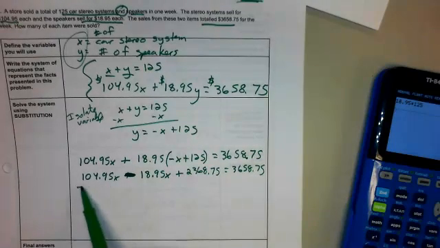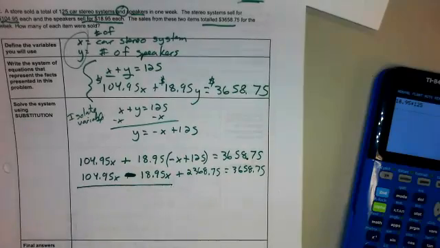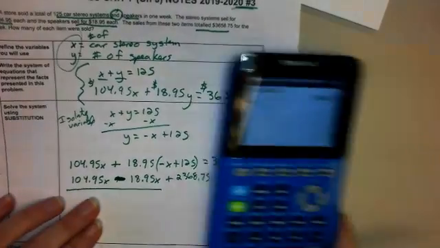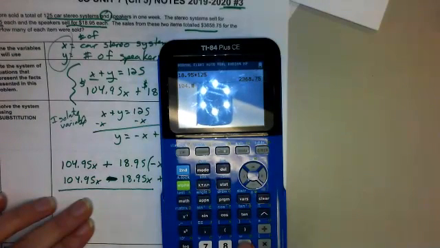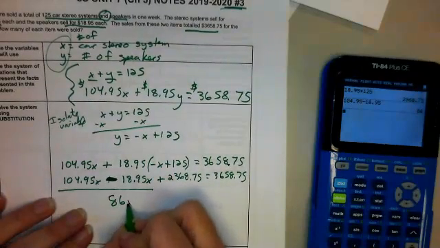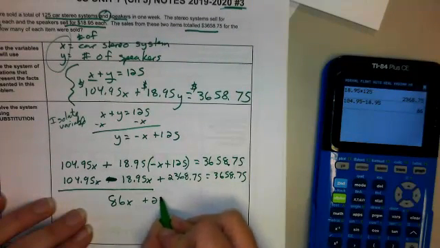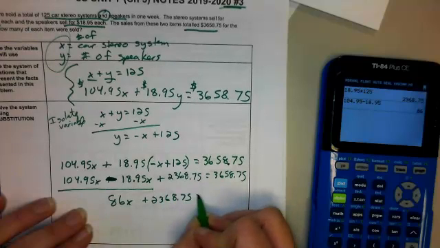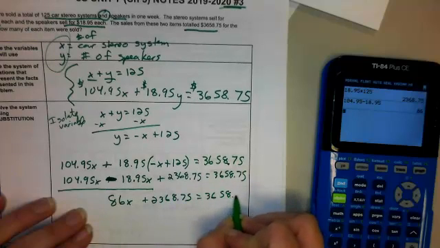Okay, I'm going to combine my like terms. We've got 104.95 minus 18.95, which is going to give me 86x, plus 2,368.75 equals 3,658.75.